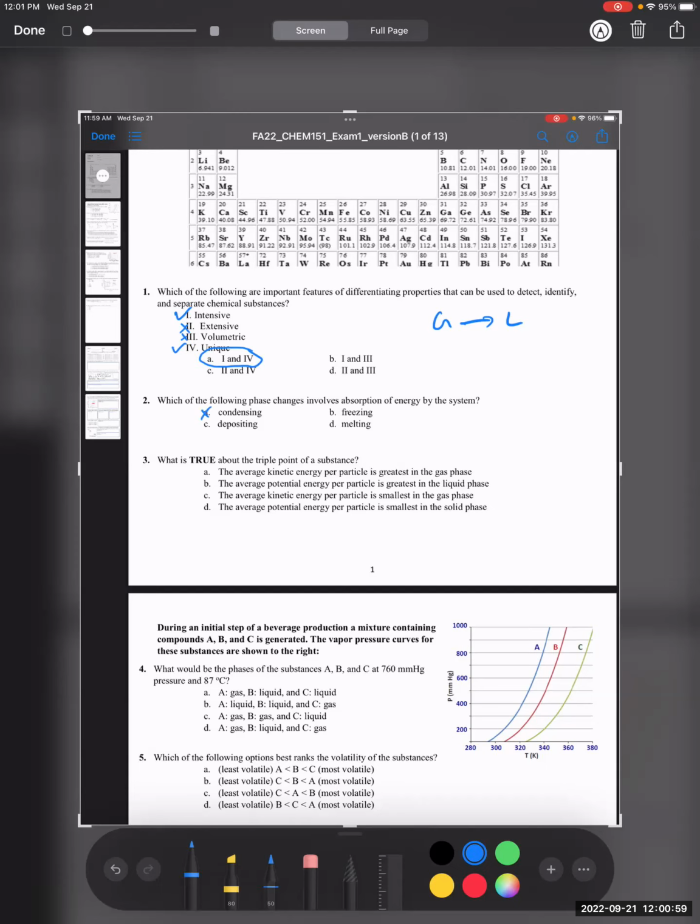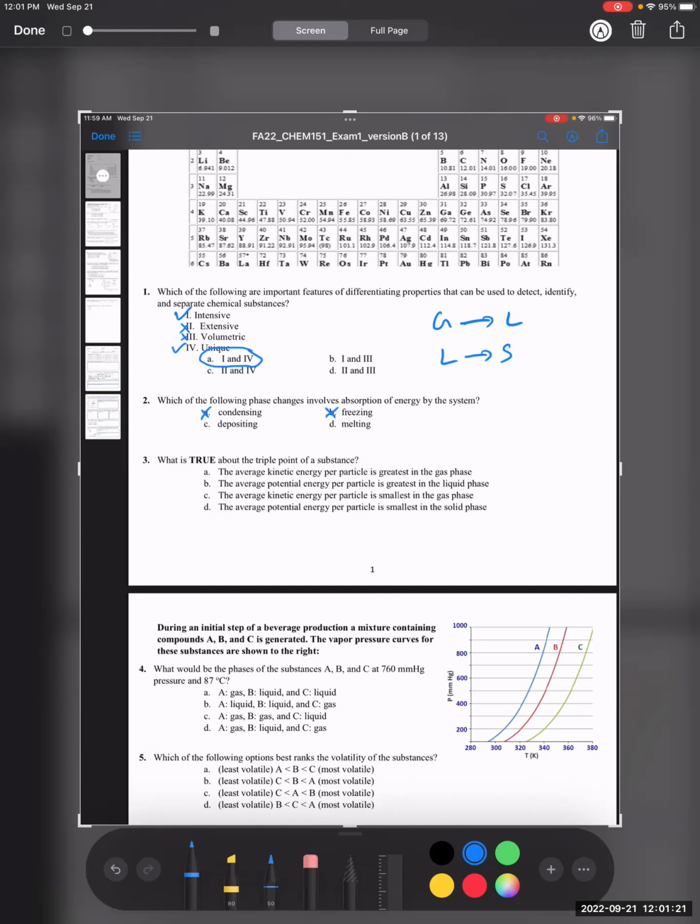And option B, freezing. Freezing means liquid to solid. Again, when this happens, the potential energy should decrease, because in solid we have stronger attractive interactions, meaning lower potential energy compared to the liquid. Because energy decreases, the system has to lose energy, therefore energy must be released. Therefore, freezing is out.